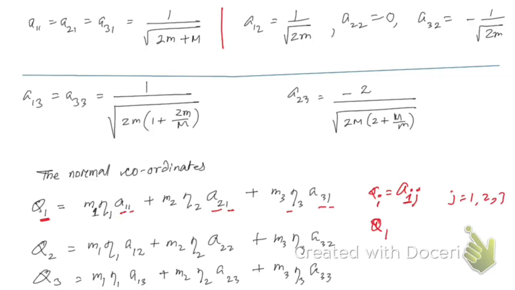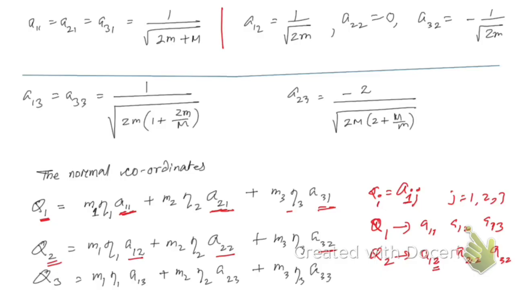That means in case of q1, the coefficients will be a11, a12, a13. If you observe this, then for q2, a12, a22, a32, the second number will always be 2.